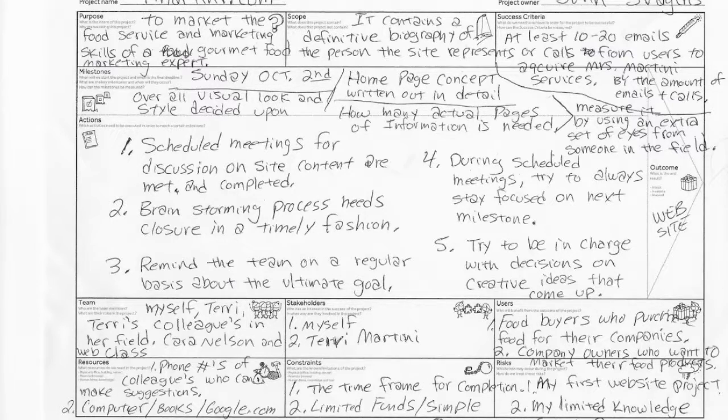And there's the purpose of your website, whether it's to market yourself or get your portfolio out there. I think any of you can do that, and setting up actions is a good thing. The brainstorming process needs to close in a timely fashion, and that's true, because that keeps it within the scope.